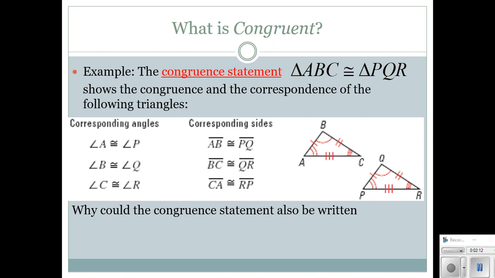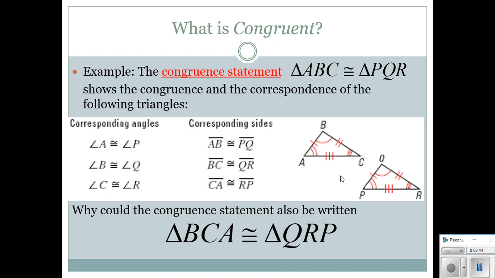Why could the congruence statement also be written triangle BCA is congruent to triangle QRP? Instead of writing ABC and PQR, you can write it this way as long as B is congruent to Q and they appear first, so these are congruent.